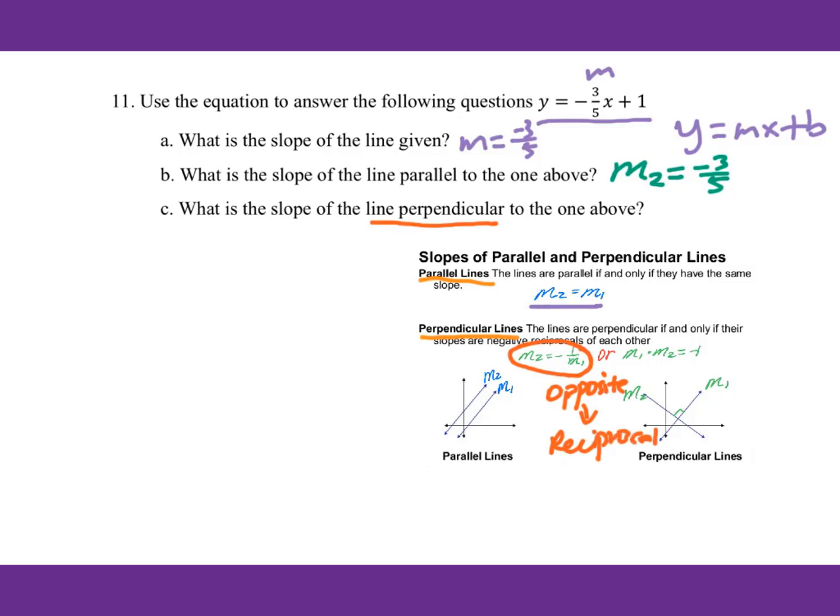For example, negative 3/5. Opposite, I get 3/5. Then reciprocal, I flip, that's 5/3. Therefore, your slope m for the perpendicular line will be 5/3.